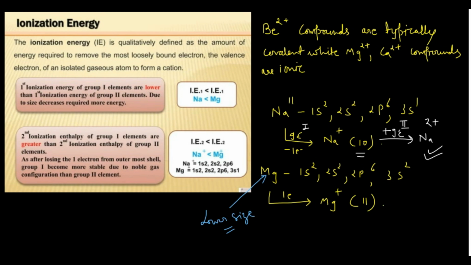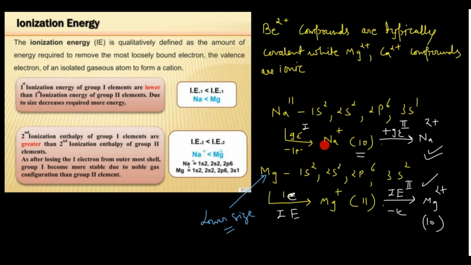But in case of magnesium, if you supply some more energy, the second ionization potential, it will again lose an electron to form Mg2 positive, and it will now have 10 electrons. So the second ionization potential would be quite lower when compared to the alkali metals.